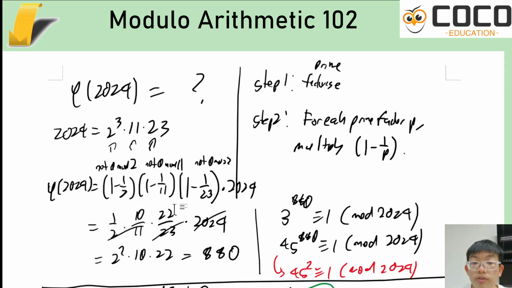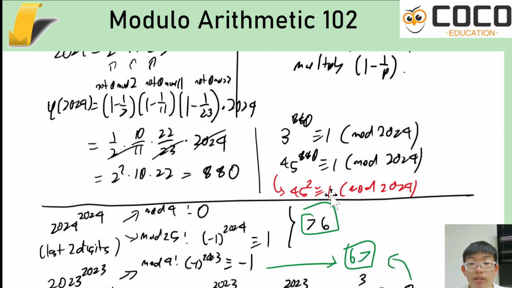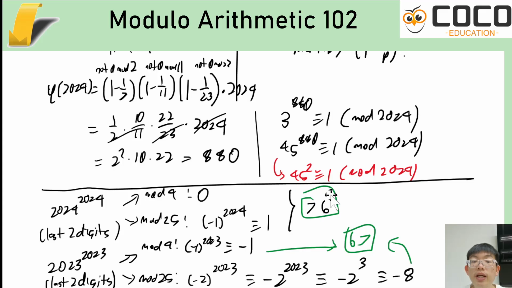Now, to push this a bit further, we might ask ourselves, what happens if this cycle length is too lousy such that what I'm left with is still very big? So all of our discussion today has been on powers, and we know that powers do not lend themselves to quick calculations.